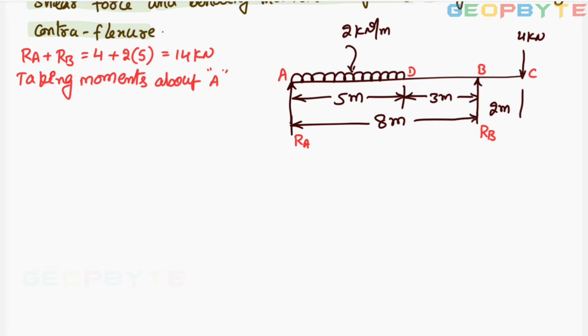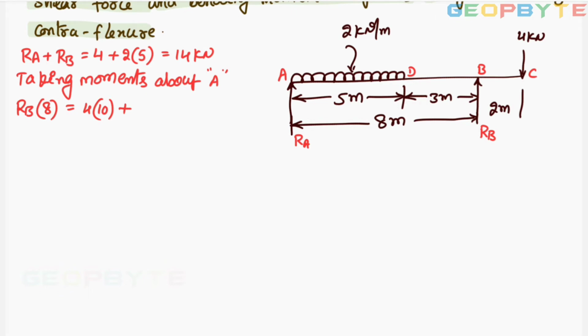Just equate clockwise moments with anti-clockwise moments. Here the anti-clockwise moment is RB into the distance up to A, that is 8. It must be equal to 4, the point load, into distance up to A, 10 meters, plus UDL effect.